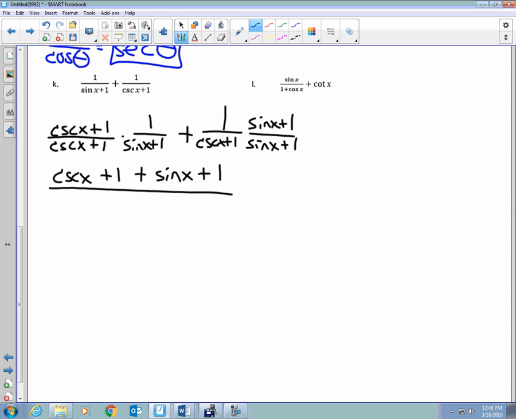Let's do the bottom. All I have to do is just multiply these two together, and that would be the denominator, correct? What's cosecant times sine? 1, because they're reciprocals, right? What's cosecant times 1? What's 1 times sine? And 1 times 1?